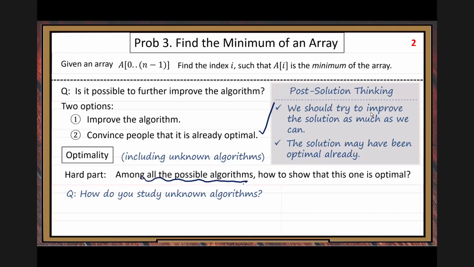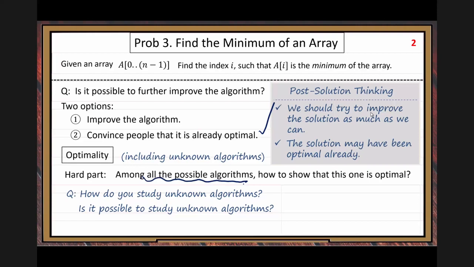Is it possible to study unknown algorithms? How can you study unknown things? Think about it. Here, we want to study some unknown objects. Is it hard? Yes, it is hard. The question is, is it possible?